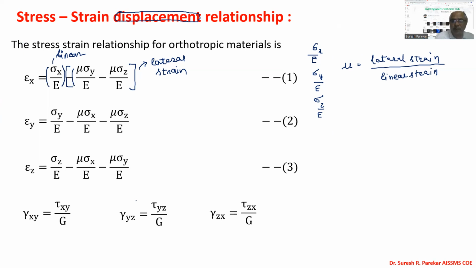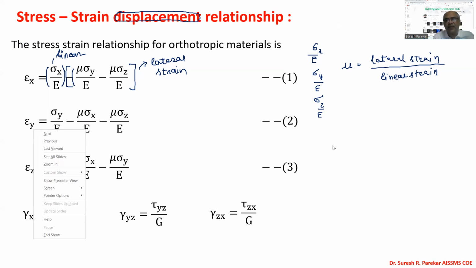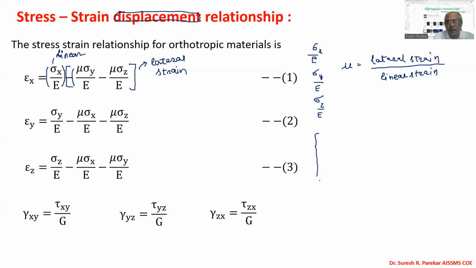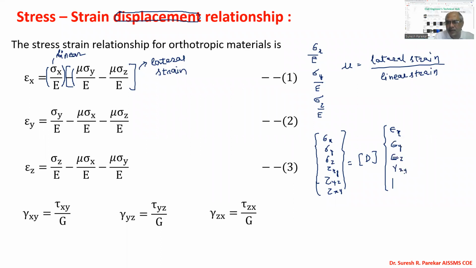Now we are interested to prepare a relationship between stress and strain. So this will be sigma x, sigma y, sigma z, tau xy, tau yz, and tau xz, and we have some matrix, and then the strains: epsilon x, epsilon y, epsilon z, then gamma xy, gamma yz, and gamma xz.